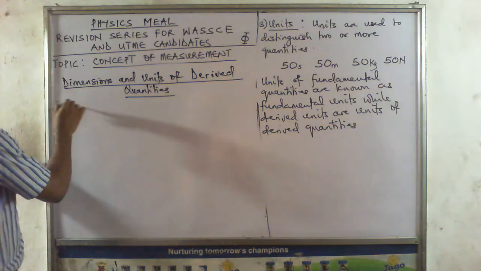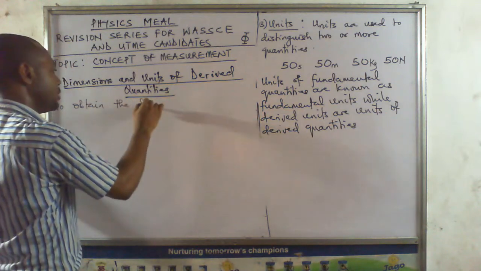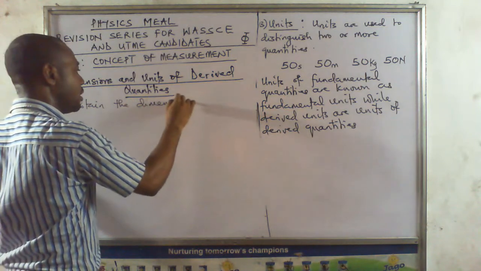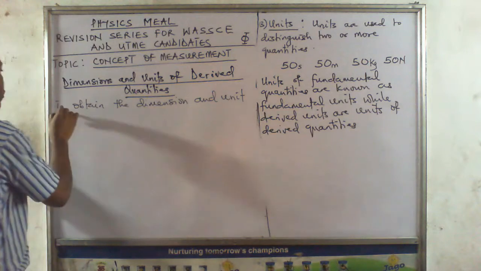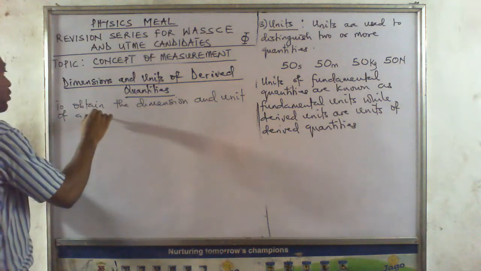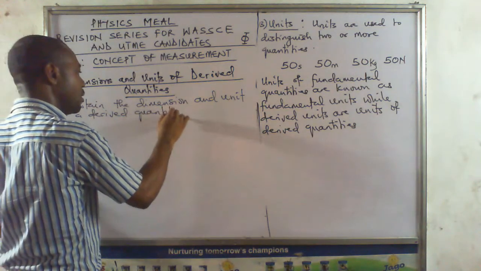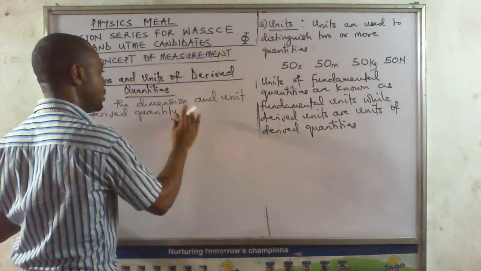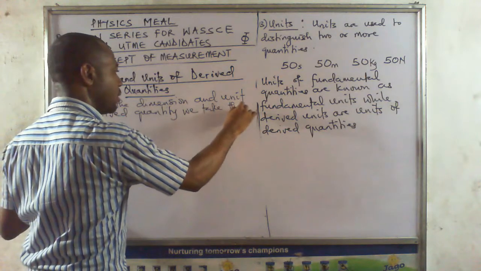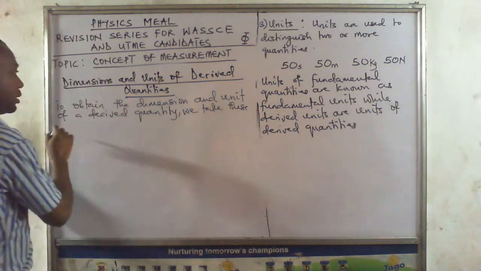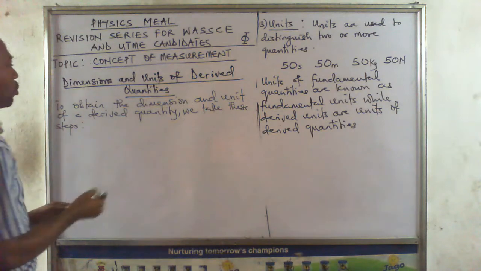To obtain the dimension and unit of a derived quantity, we take these steps. So what are the steps?